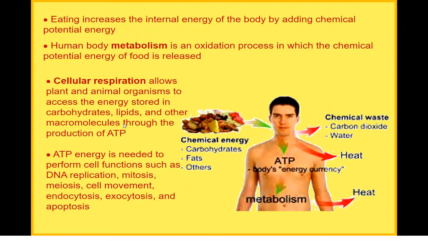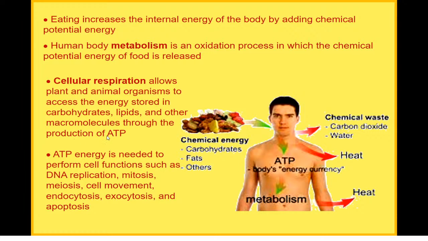Look, this energy that is released by oxidation from the carbohydrates, lipids, and proteins is not used immediately. It is stored in a form, one more time, chemical in its nature.